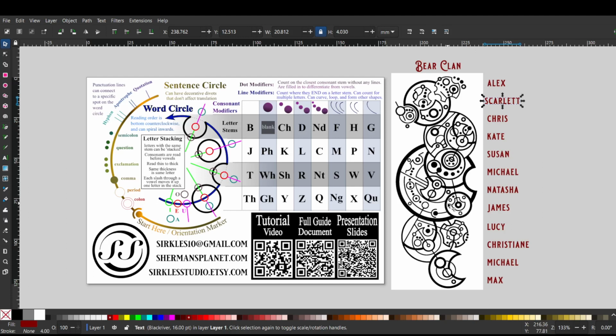So consonants are bigger circles or divots, and vowels are little guys. They're these smaller circles. So we have the consonant and vowel together, stacked in the same position, and letters with the same stem can be stacked. So a consonant and vowel will be stacked like these. Otherwise, you can stack any letters in the same row. And consonants are read before vowels.